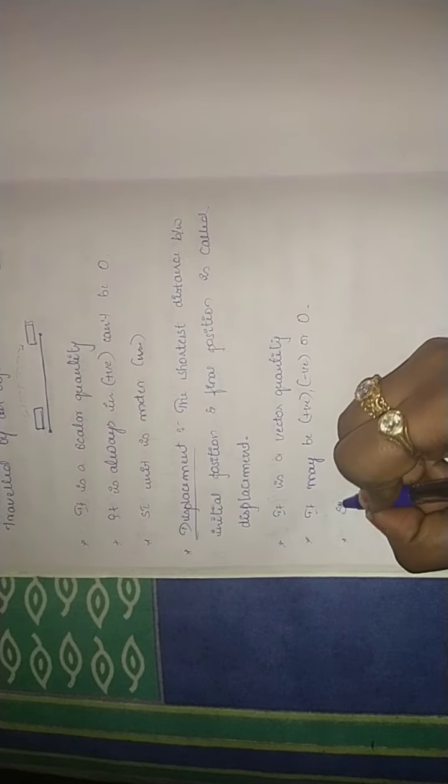Here the SI unit is meter. Now you know what is distance and what is displacement, isn't it, children? It is the shortest distance between initial position and final position that is called displacement.